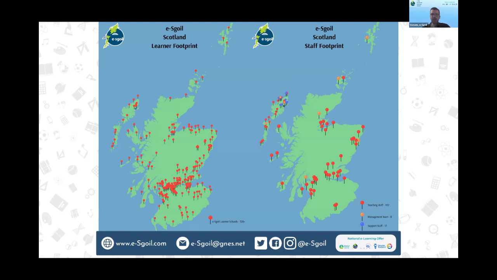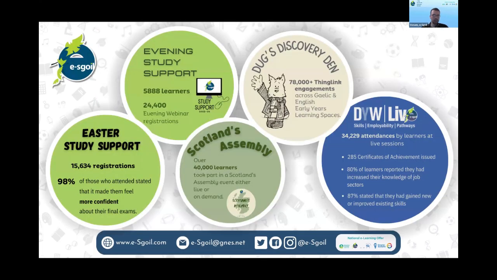Now, COVID is really what fanned e-Sgoil into flame, and it turbocharged the digital journey, not just for schools and for teachers, but for learners as well. I spoke earlier about barriers, and that e-Sgoil is all about removing barriers.